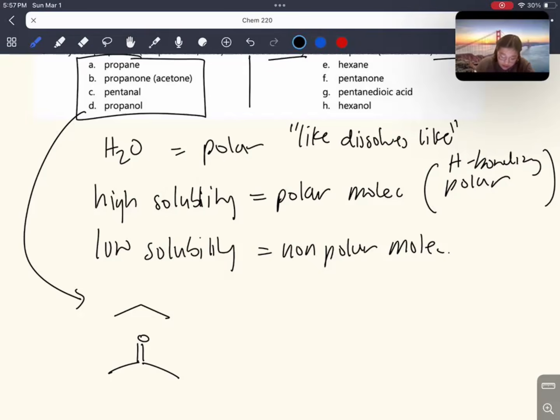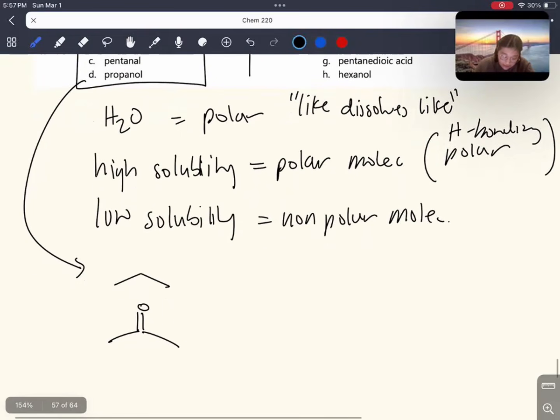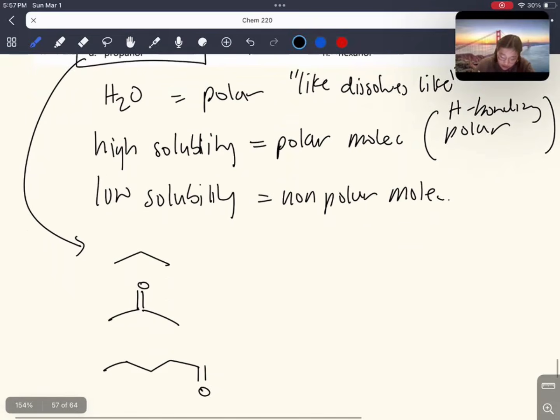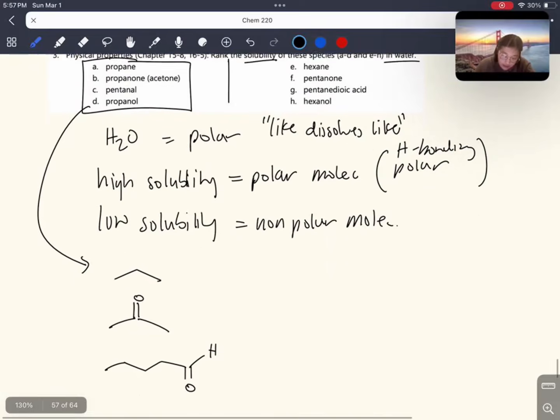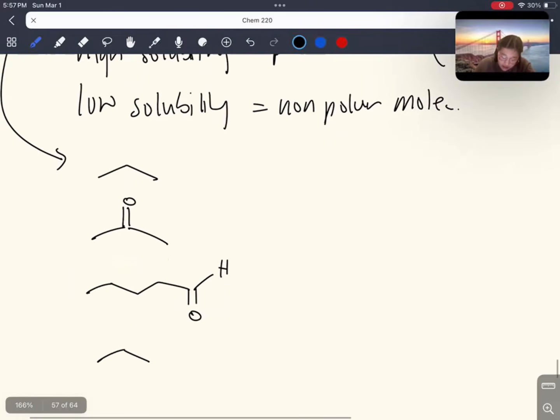Pentanal: pent is five carbons, so 1, 2, 3, 4, 5, and then on the first carbon, you'll have an aldehyde. That's what the al suffix means. And then propanol, you would have three carbons, and then you would have an OH group on the first carbon.